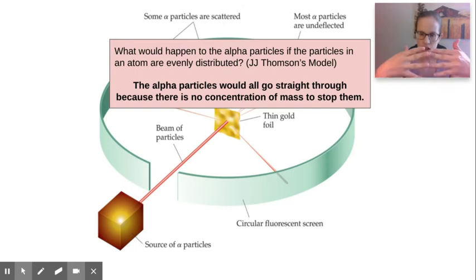He thought that all of those alpha particles would just go straight through because there's no concentration of mass to stop them. Those positives and negatives are spread out. And he's shooting a little particle that has 2 protons and 2 neutrons, and he thought that those particles would just go straight through because all the particles in an atom, he thought, were evenly distributed.